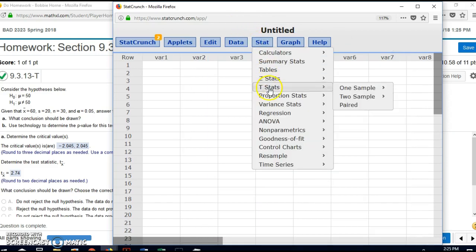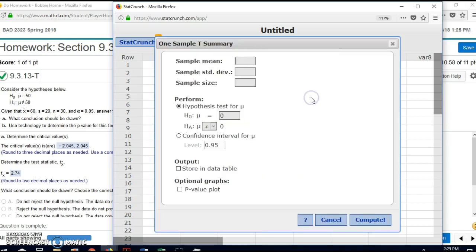To get the test statistic, you do T-stats, one sample with summary. And the sample mean is 60, and the sample standard deviation is 20. The sample size is 30, and the hypothesis is that it's equal to 50. And then the confidence interval.